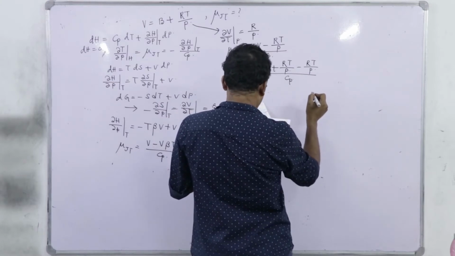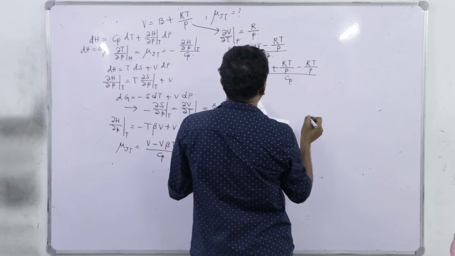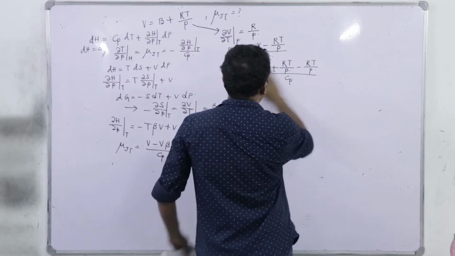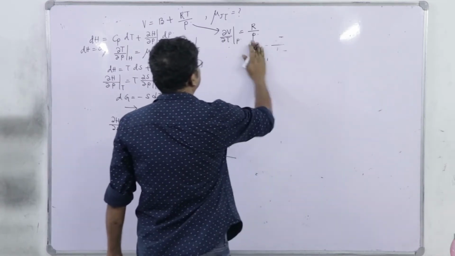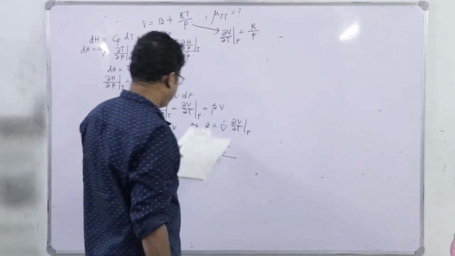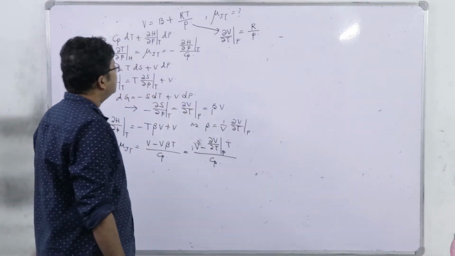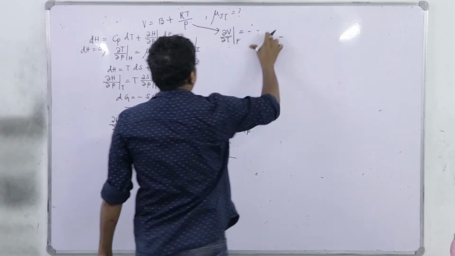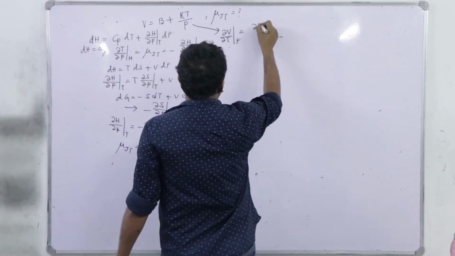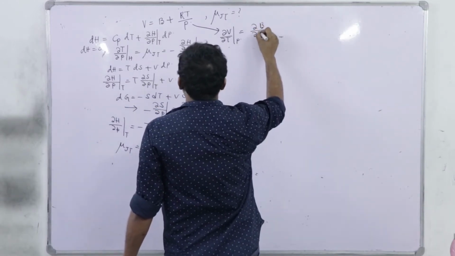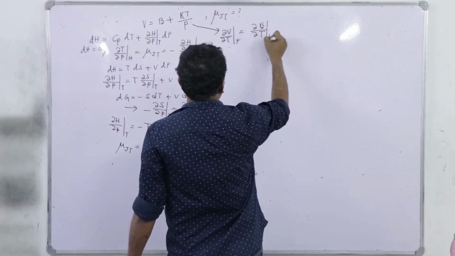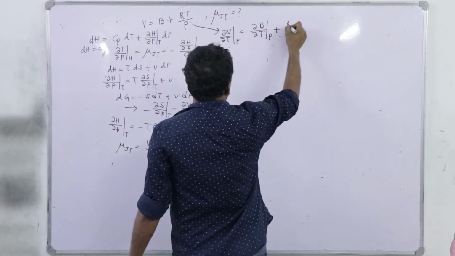So, okay, no, here the B is a function of temperature, it's given. So, let us take the derivative differently. So, it will be del B del T at constant P plus R by P.